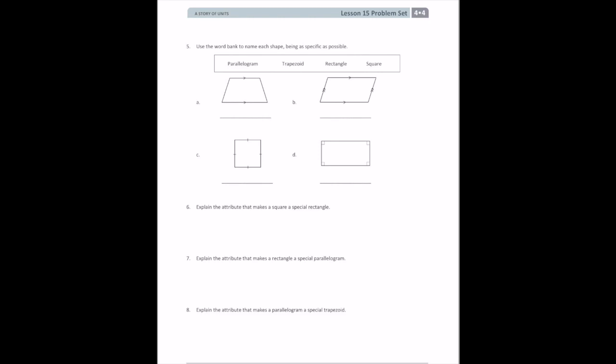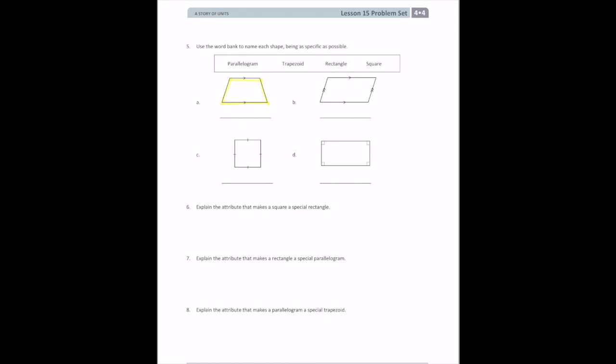So number 5A, we notice that there are 2 parallel sides, and then there are different lengths, but they're parallel, and then there are 2 sides that are not. So would that be a parallelogram, a trapezoid, a rectangle, or a square? Okay. Let's think about that.